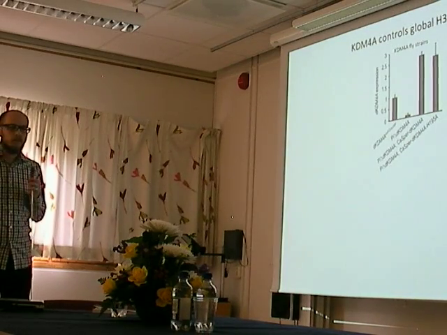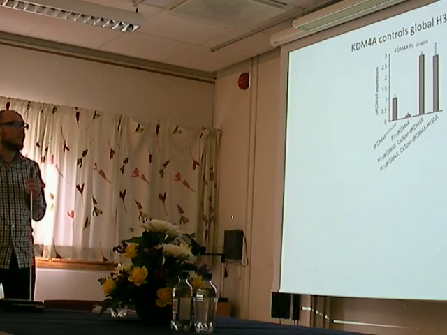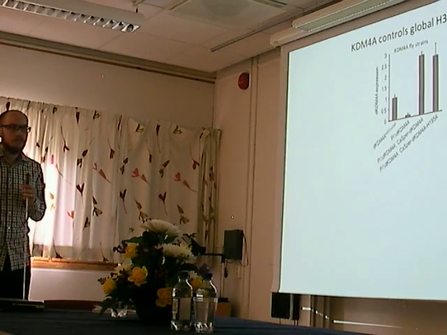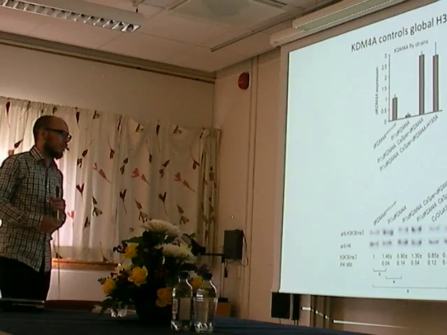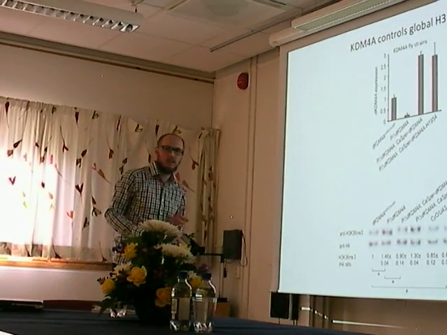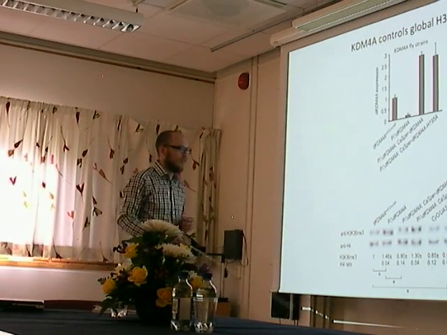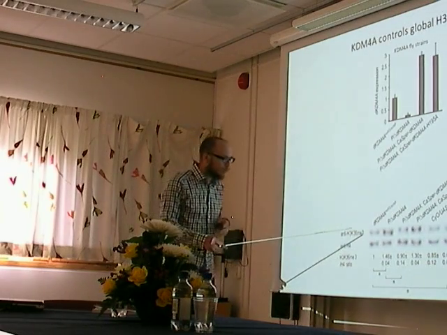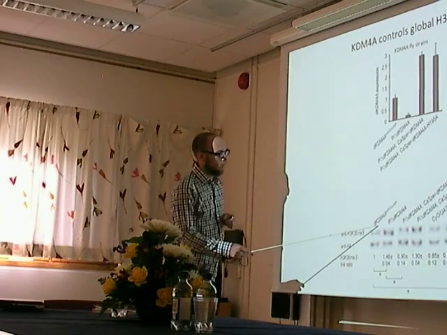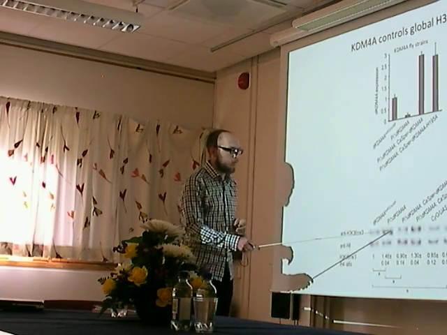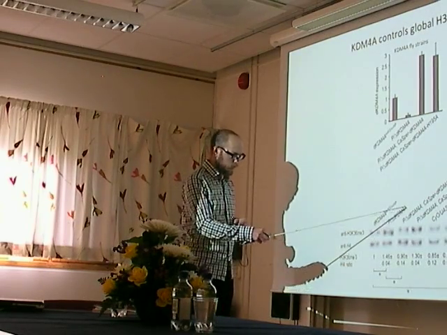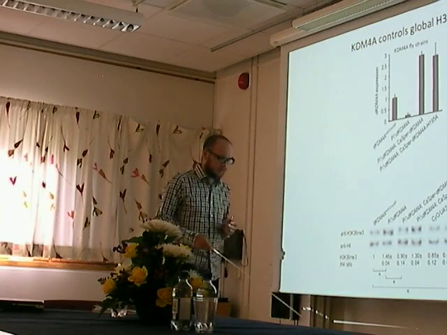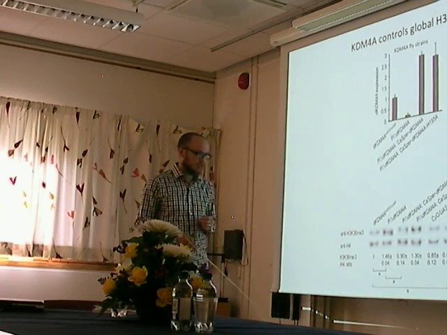So one of the substrates for this enzyme is histone 3 K36 trimethylation. Next, we tested if we have any changes in the global levels in larvae. So here we have normal conditions, control larvae, and comparing that to the mutant larvae, we see that we have an elevated level of this methylation.